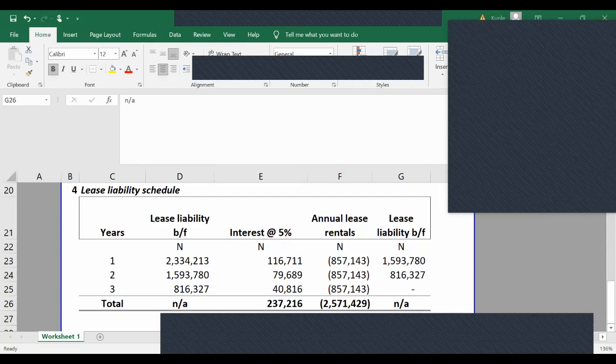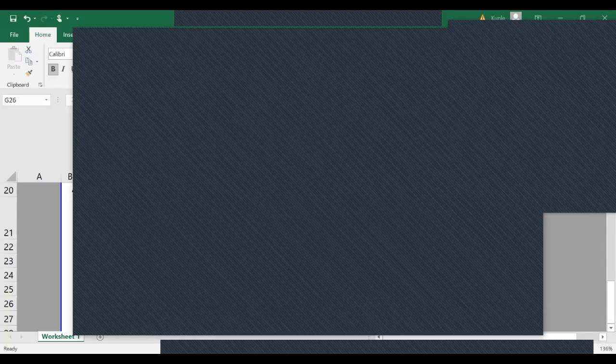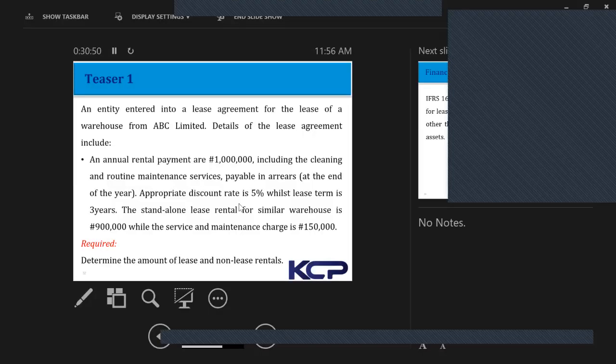So I will switch back to my slides. What we have simply done is to solve this question by separating that 1 million naira annual rental payment into the principal portion and the interest portion, right?